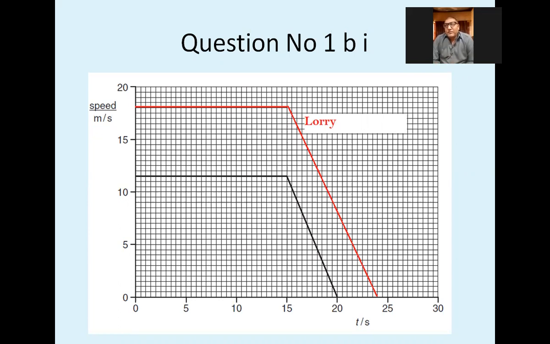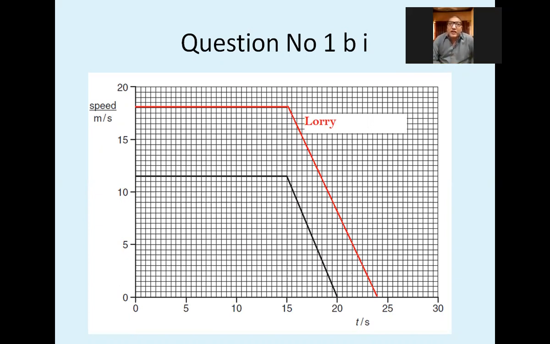Another way: the brakes are applied for both the vehicles at 15 seconds, and it means the lorry took a longer time, from 15 to 24. I think it has taken 9 seconds to stop, and the car, when the brake was applied at 15 seconds, only took 5 seconds to stop. So clearly the lorry has traveled a larger distance.